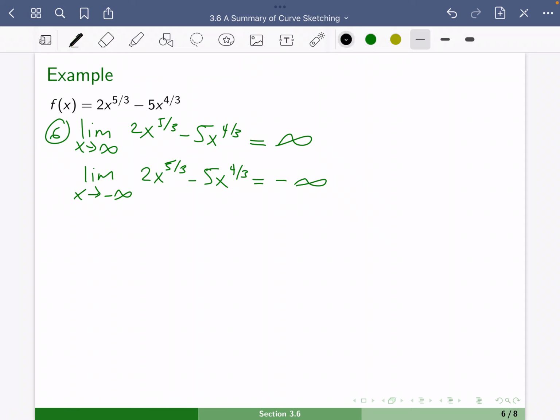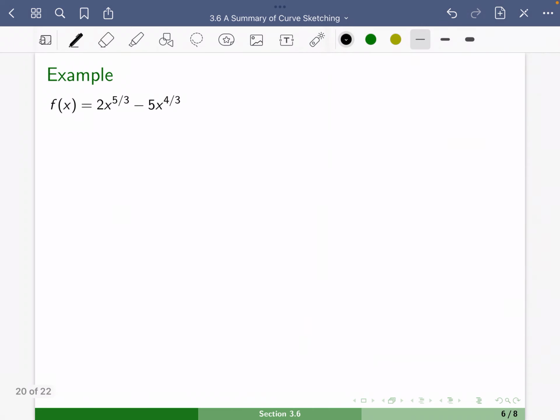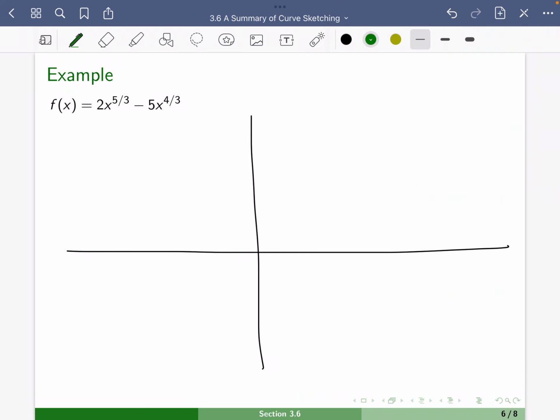And so let's graph this thing. Our graph is going to look like this. At 0, 0, we had an intercept. Somewhere past 15, we had an intercept.